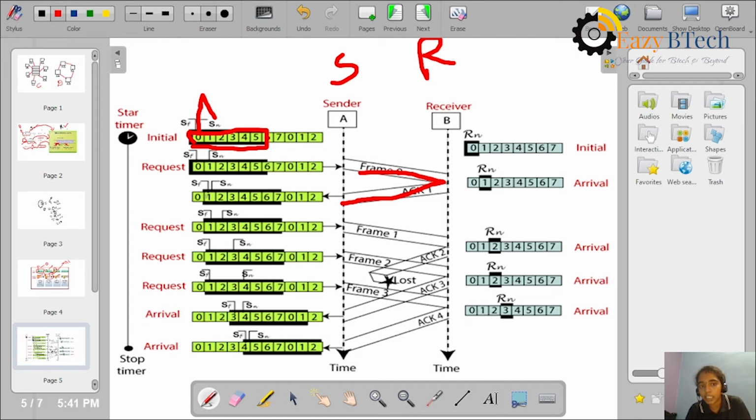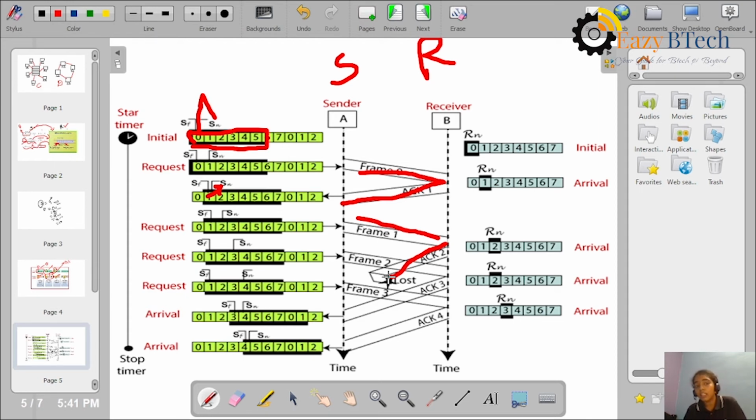It indicates frame 1. Next, frame 1 I'll send. The receiver gives an acknowledgement, but the acknowledgement is lost here.